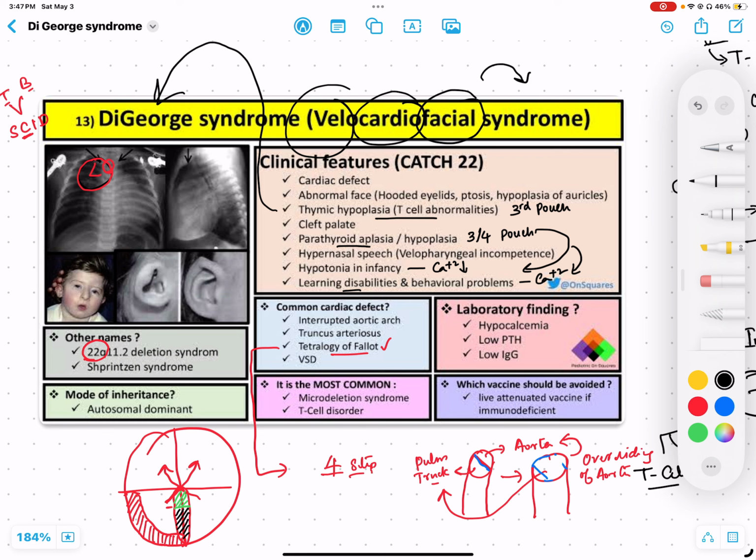When this anomaly is there, you don't have this membranous part of the ventricular septum. So now you can understand it is this defect where the spiral septum takes lots of space, resulting in pulmonary stenosis.